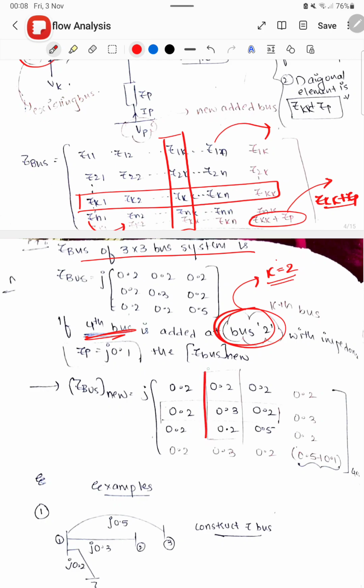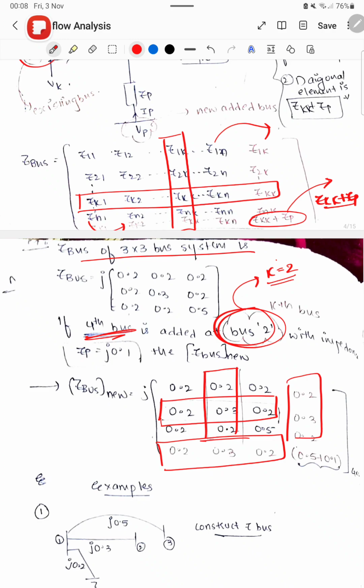So firstly let's note down z bus old, and we know that z bus new has dimension one plus that of z old. We'll copy the second row and column into the fourth row and fourth column as they are. For the last element which remains, we add zkk, the intersection point, zkk plus zp.